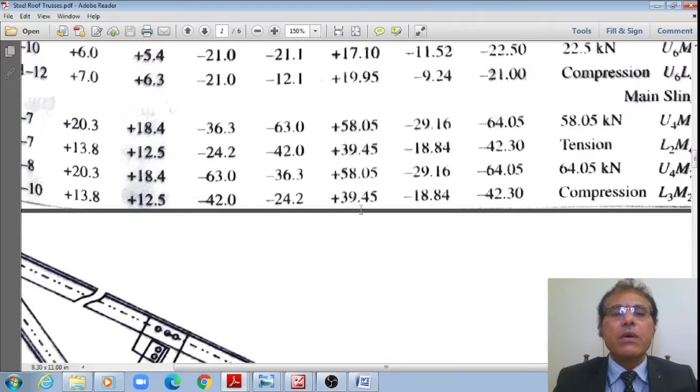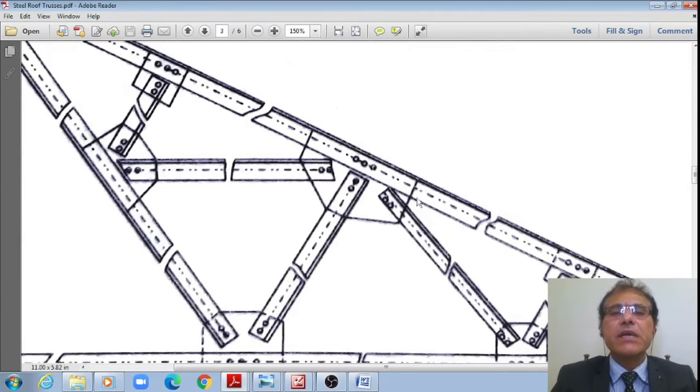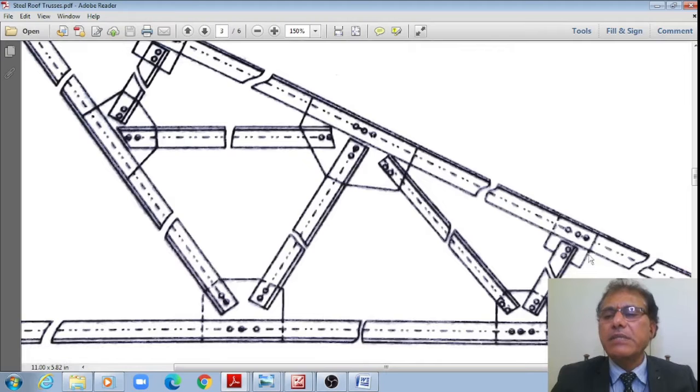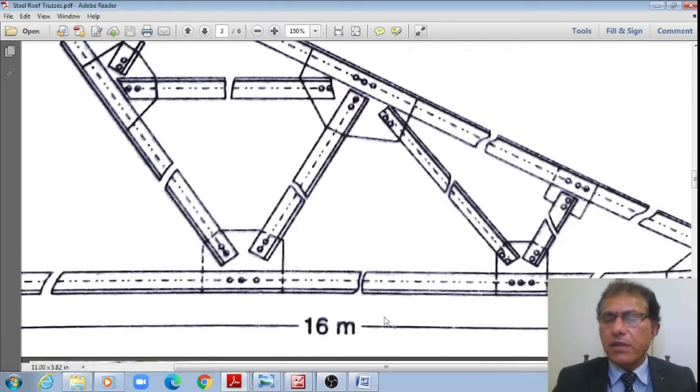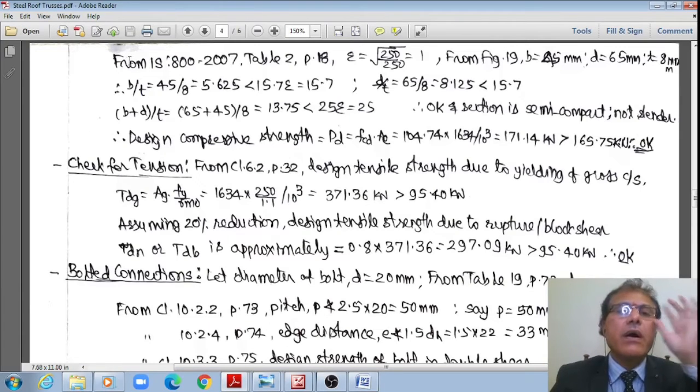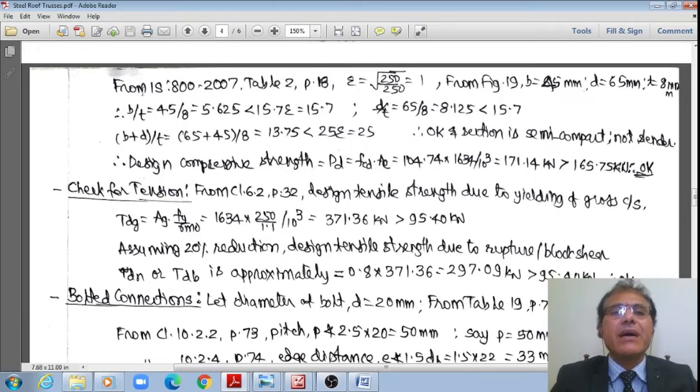Therefore now I am designing this top part member, right? As per IS 800:2007 Table 2, from page number 18, we have just seen that the stress ratio epsilon is equal to the square root of 250 by fy, and even from Figure 19, let me go to that Figure 19 of page 18, student, right?